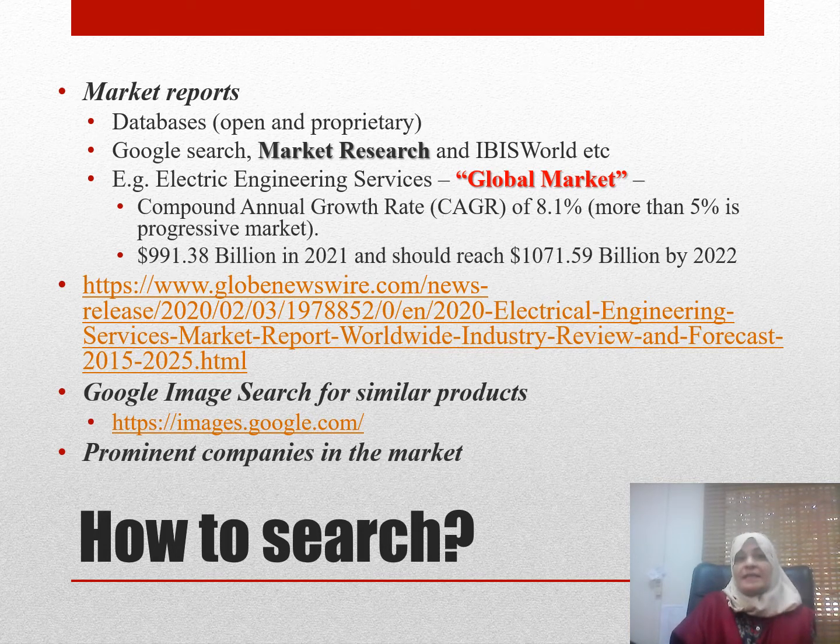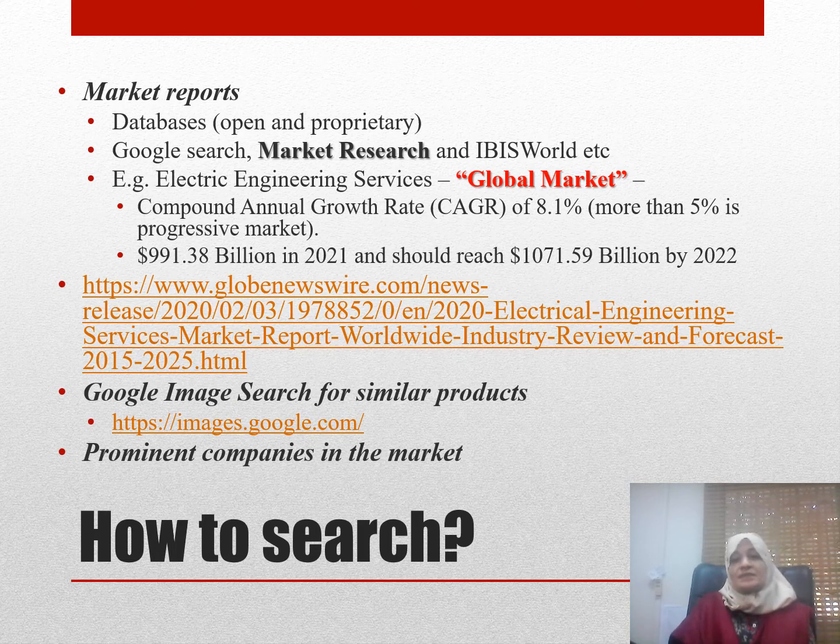But if unfortunately that CAGR value turns out to be smaller than 5%, then this industry is not flourishing in future. For such industries, I would stop you from inventing anything, because the chances of your invention getting commercialized would automatically be narrowed down. Even the industry is not flourishing, so there's less chance that your invention will get commercialized.